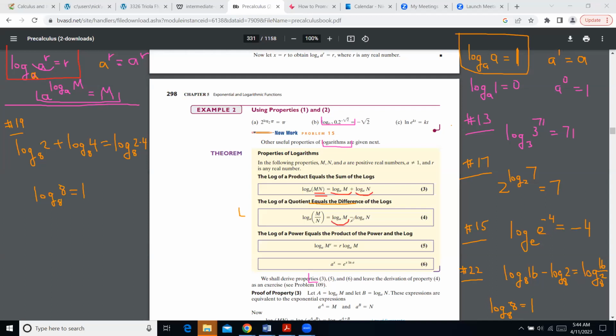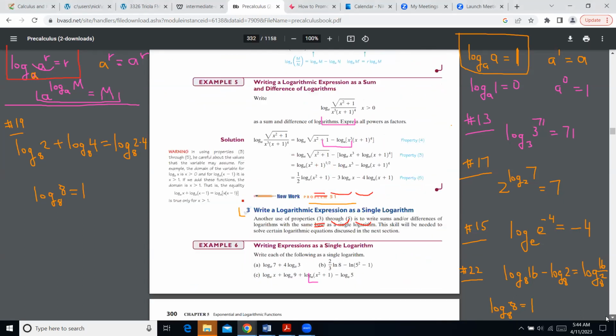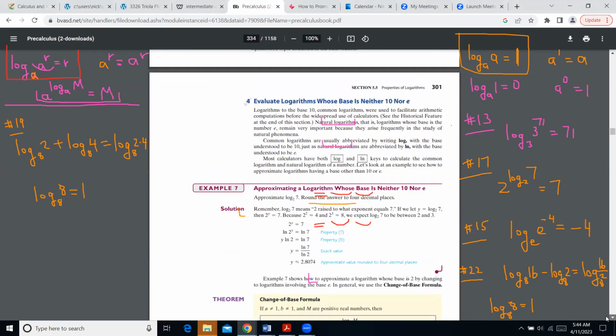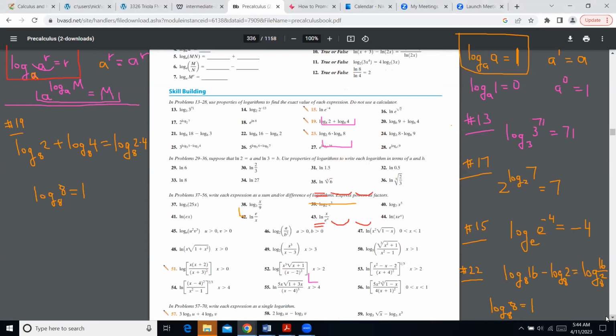And if you subtract, then you're going to need to divide. Just like with powers, when you multiply two powers with the same base, you add powers, and when you divide, you subtract powers, because logarithms are powers, and that's why this is being done. So I can look at another exercise here.